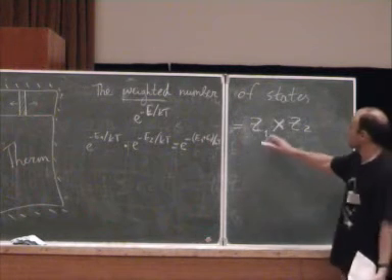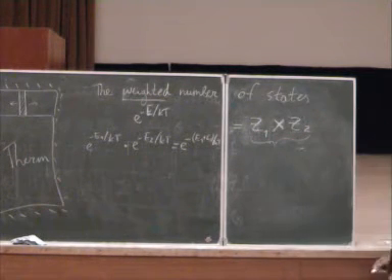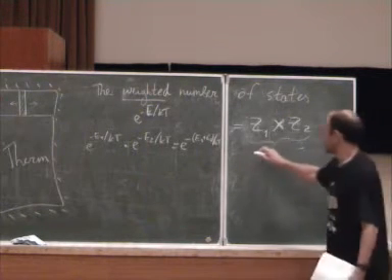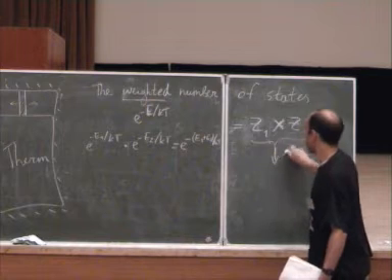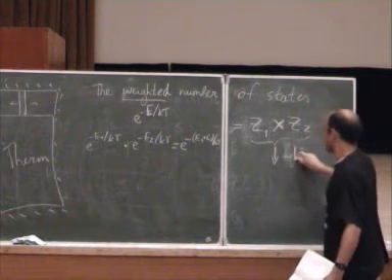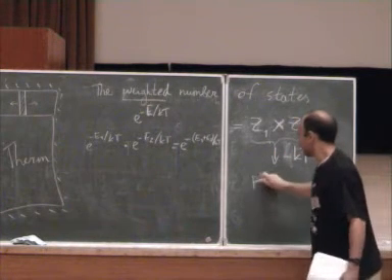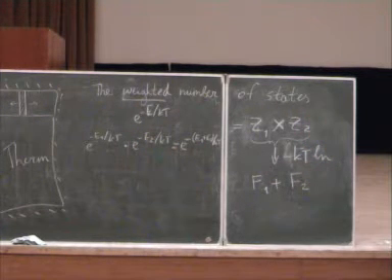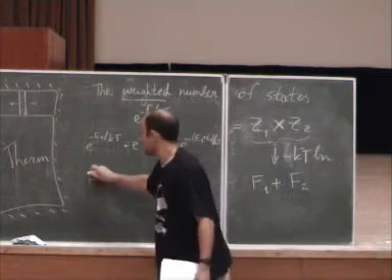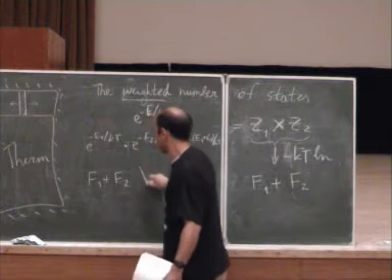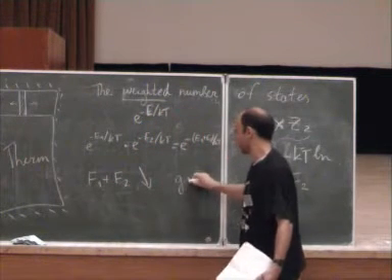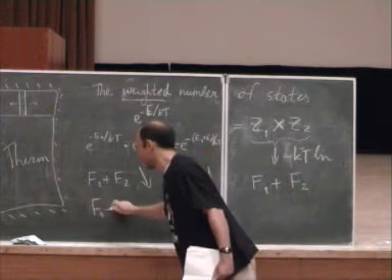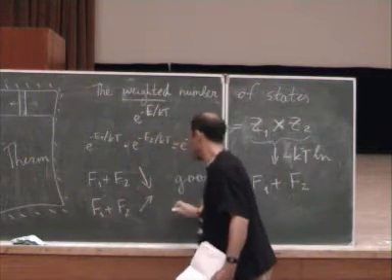So we just must understand whether this number increases or decreases. First we take the logarithm, let's say minus kT times the logarithm, to obtain F1 plus F2. So now if F1 plus F2 decreases, that is good, and if it increases, that's bad.